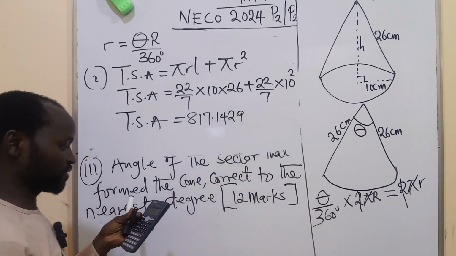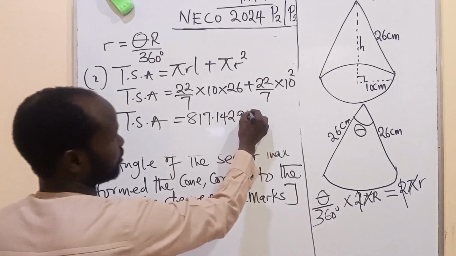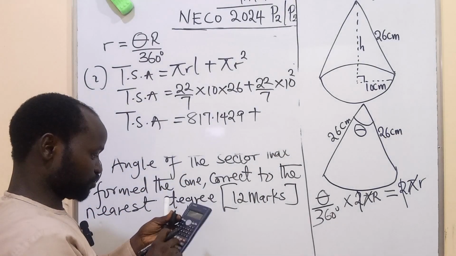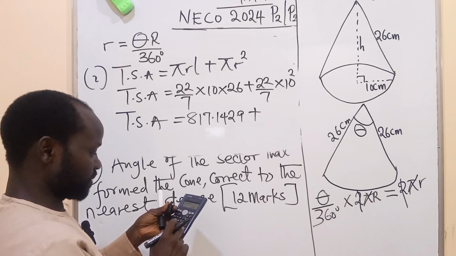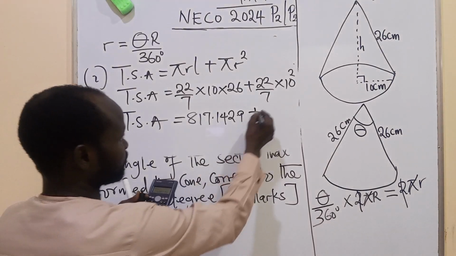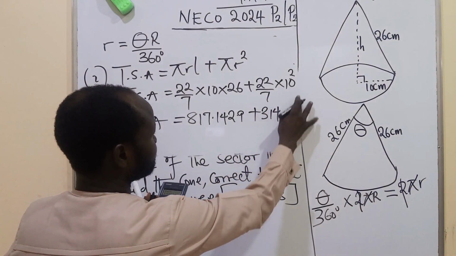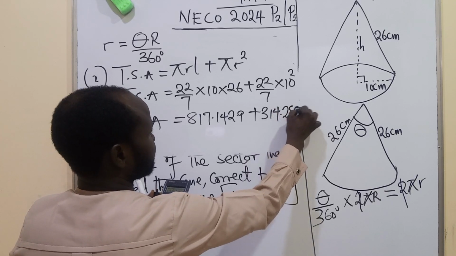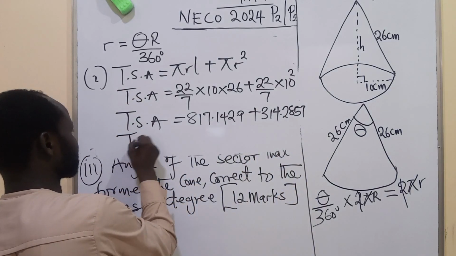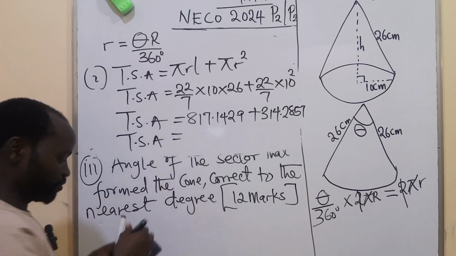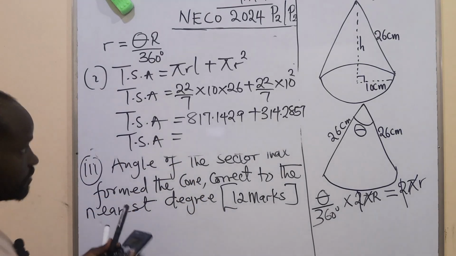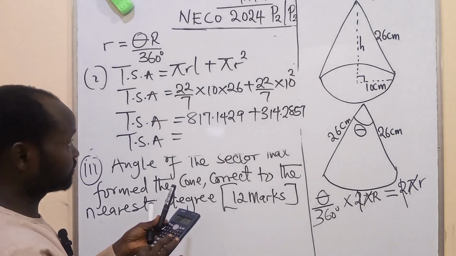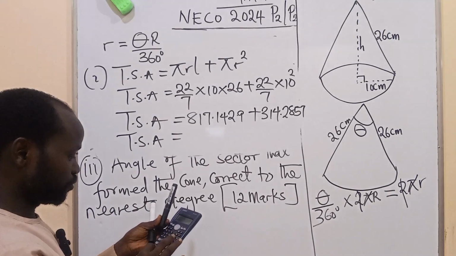Let's leave our answer to 4 decimal places at this point. Plus 10 squared is 100. 100 times 22 divided by 7, that will be 314.2857. So now we can add to get the total surface area. We add this, that will be 2185.4286.